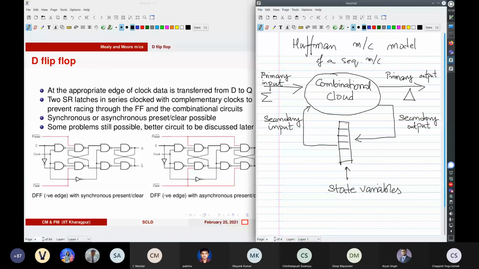Primary outputs come from your output alphabet, delta. Then you have the secondary inputs, which are really your state variables. The secondary input is really your present state, isn't it? And the secondary output is your next state.